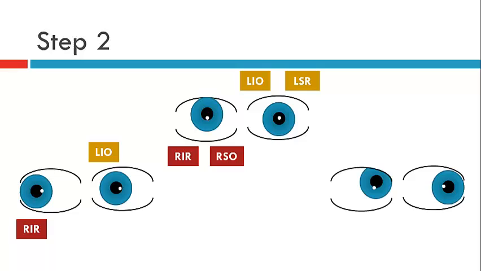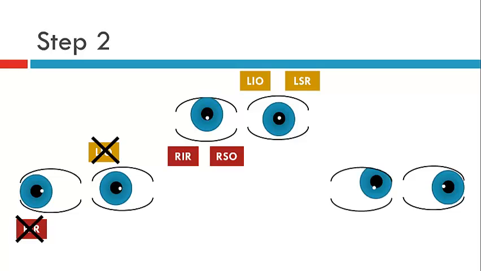Now, given that we've seen no increase in the vertical deviation, this is telling us that these muscles cannot be the affected muscle, because had they been the affected muscle, that would result in an increase in the vertical deviation. So we can remove these 2 from being the potentially affected muscle.